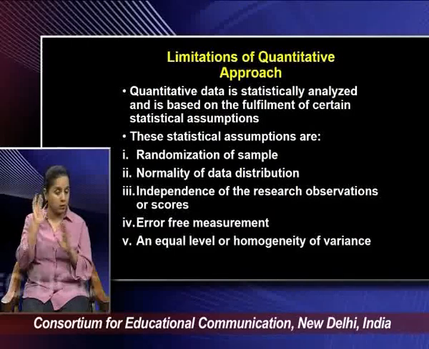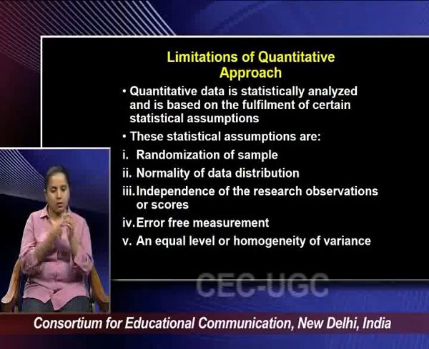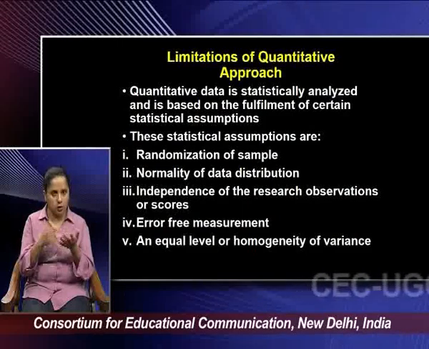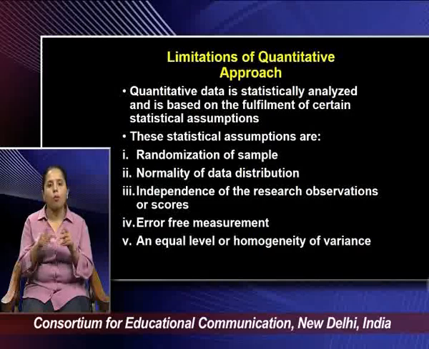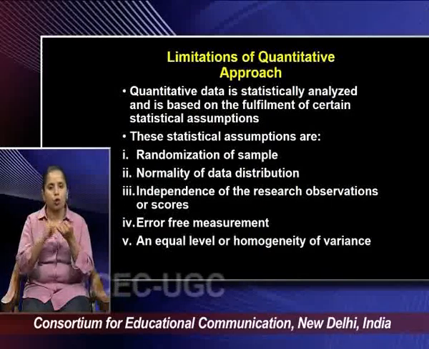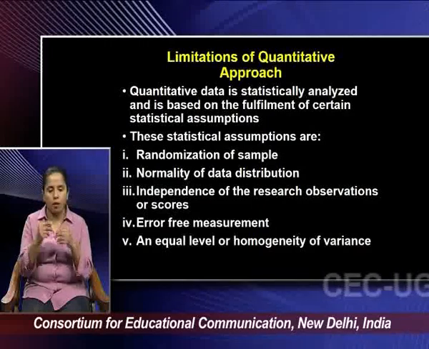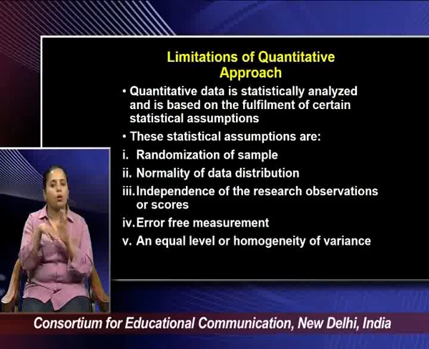Some of the statistical assumptions are: number one, randomization of sample; number two, normality of data distribution; number three, independence of the research observations or scores; and number four, measurement free of errors, and also an equal level or homogeneity of variance. So there is a possibility of incorrectly interpreting results if any of these statistical assumptions are not taken into consideration.